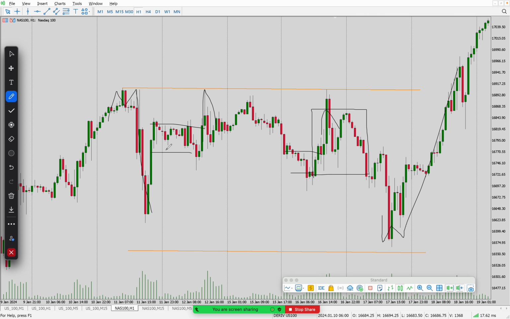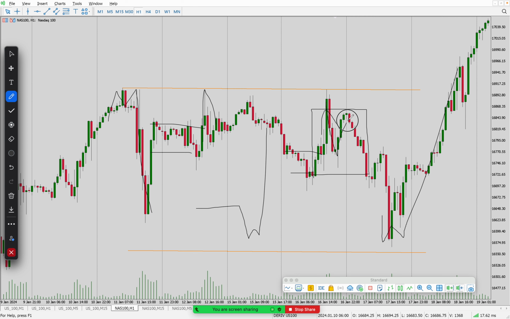So it wasn't stair-stepped, but you were able to use this pattern: consolidation, stop hunt low. So this is the variation on the theme.